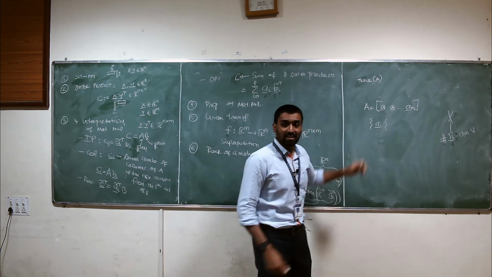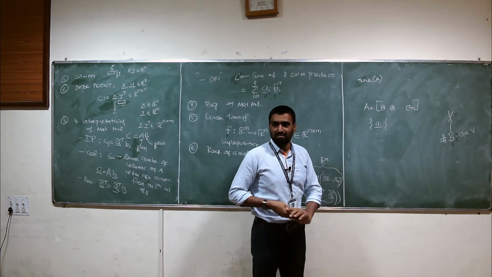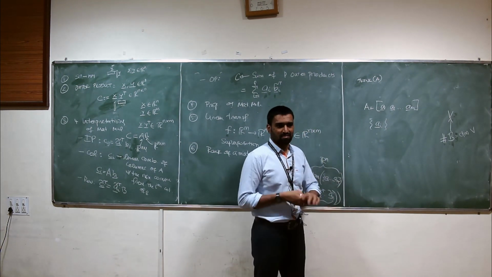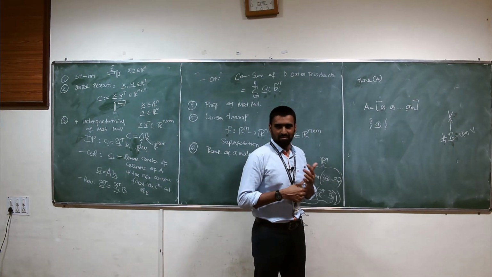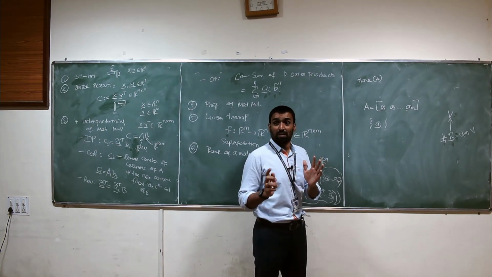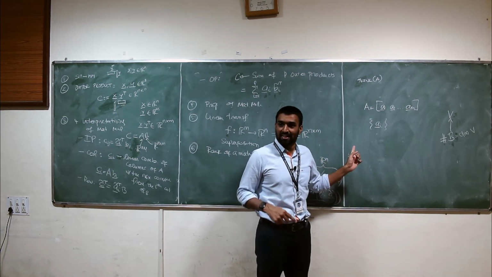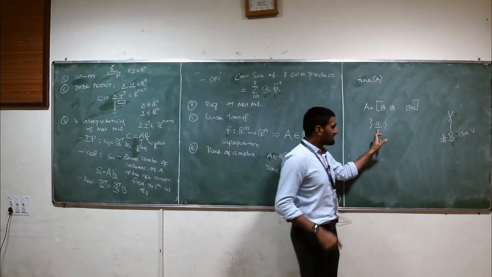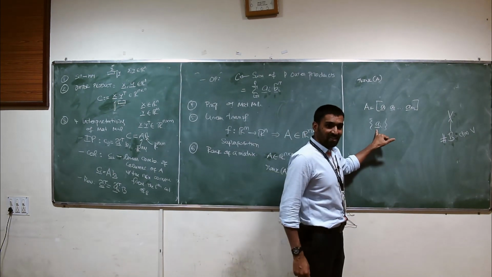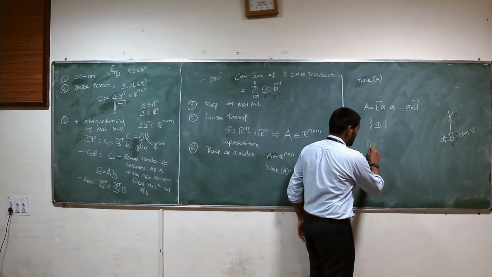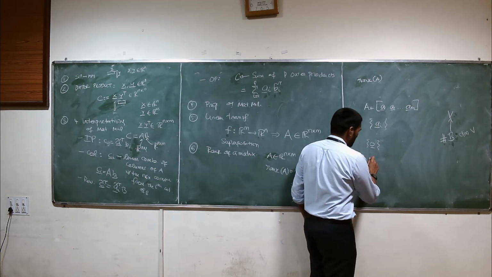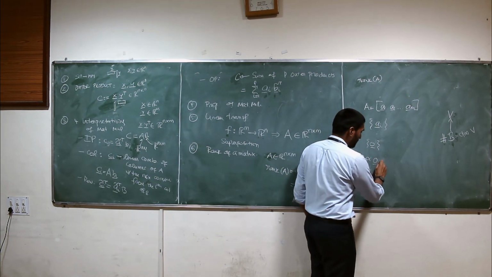When will this set be linearly independent? Set of one vector. It must not be equal to 0. As long as this is not the 0 vector, you're fine. This is linearly independent. Because if it was the 0 vector, then any non-zero alpha times 0 will give me the 0 vector.